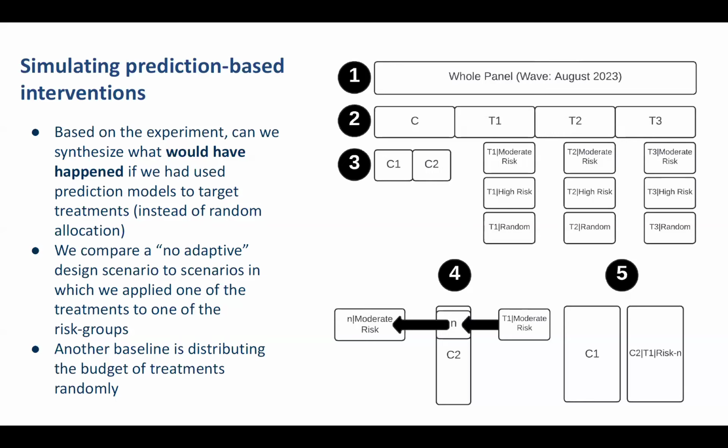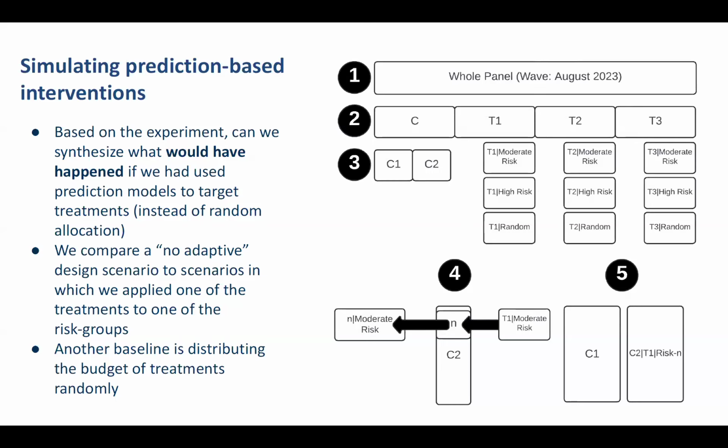But for the other half, C2, we take the highest-risk people, for example 10%, 15%, 35%, whatever, K% high-risk people from this half of the control group, take them out and replace them with the high-risk people from a given treatment group.